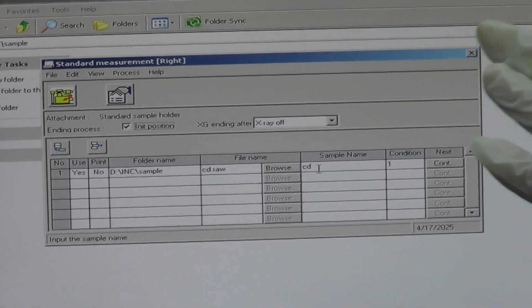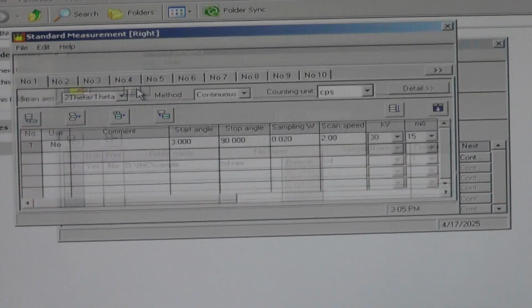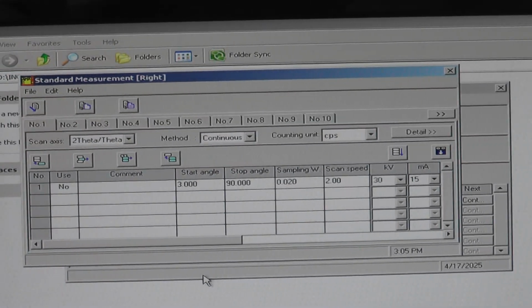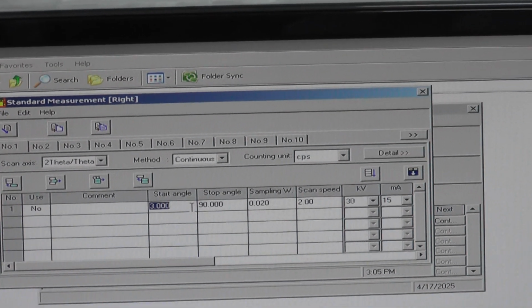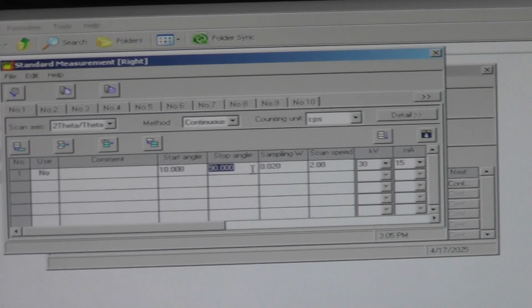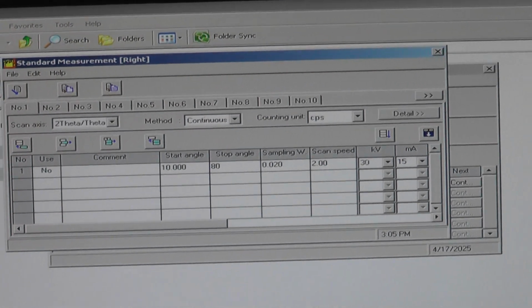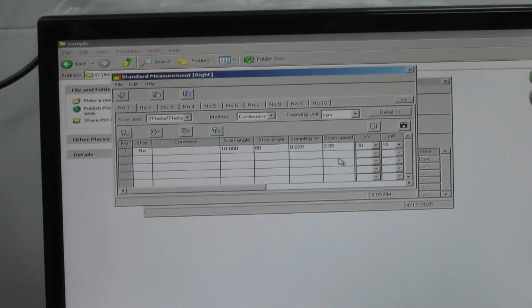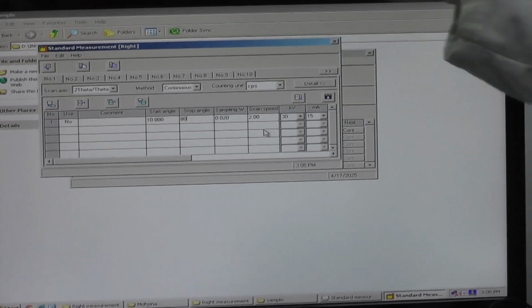So now we have to set the angle. Here the start angle is 3 and the ending angle is 90. So it is irrelevant. What we will do is keep it from 10 to 80. And the scan rate: somebody was asking about the scan rate. The higher the scan rate, the faster it will take the data.